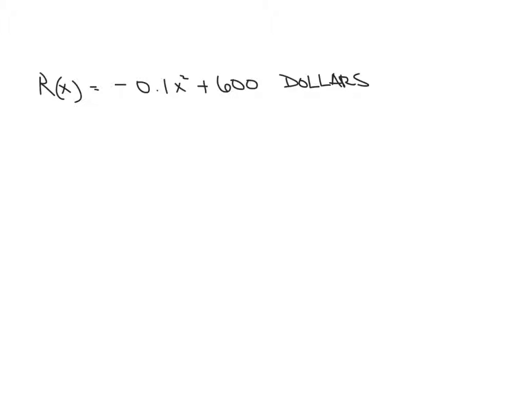D, graph the function. E, for what x values is the function increasing, decreasing? What does this mean in the context of the application? All right, so we're going to do this in full just because this is all kind of new here, and we will just continue on doing these.